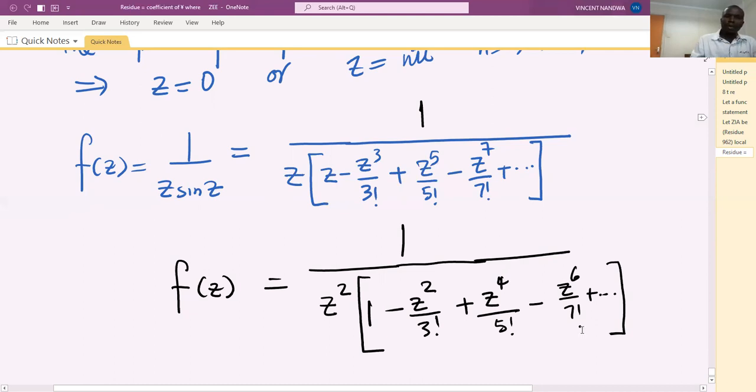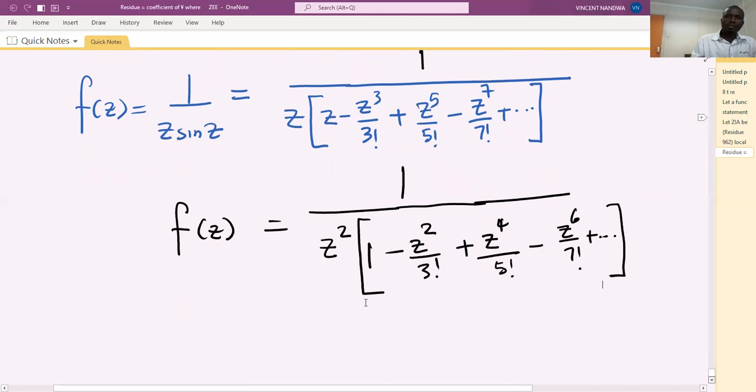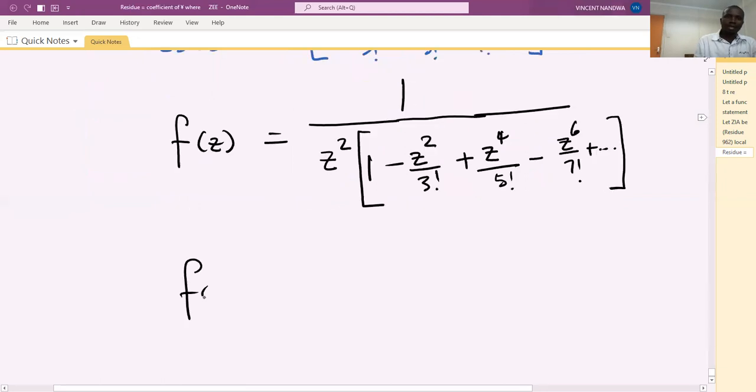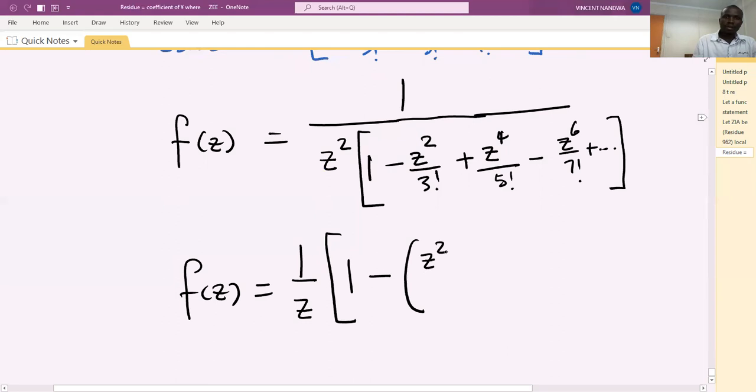And we can rewrite this as f of z equals to 1 over z squared into 1 minus z squared over 3 factorial minus z power 4 over 5 factorial plus z power 6 over 7 factorial minus other several terms.